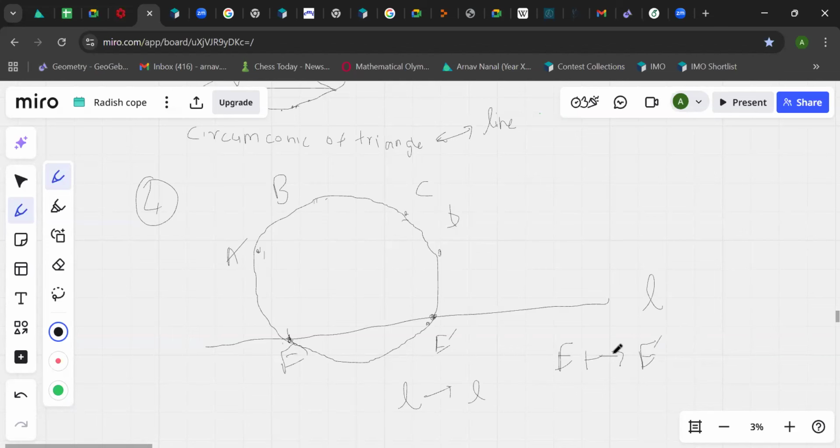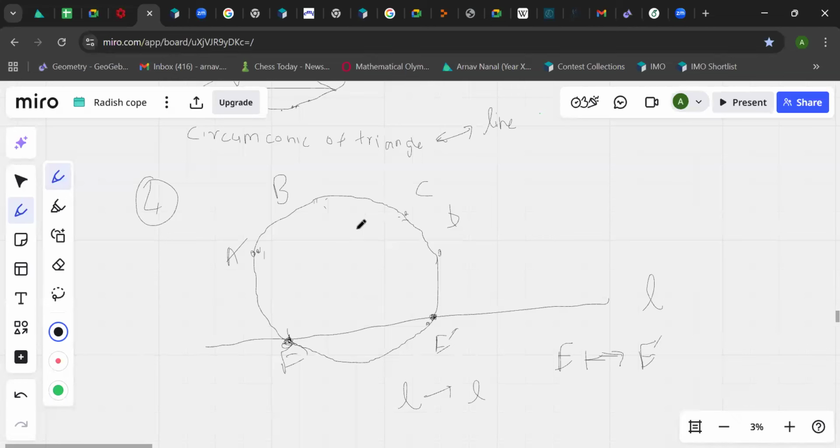Can you repeat the thing again? Yeah. If you have a point E, you consider the conic passing through A, B, C, D, and E. Note that it's a unique conic because 5 points determine a unique conic. That conic will intersect L at a second point E dash.